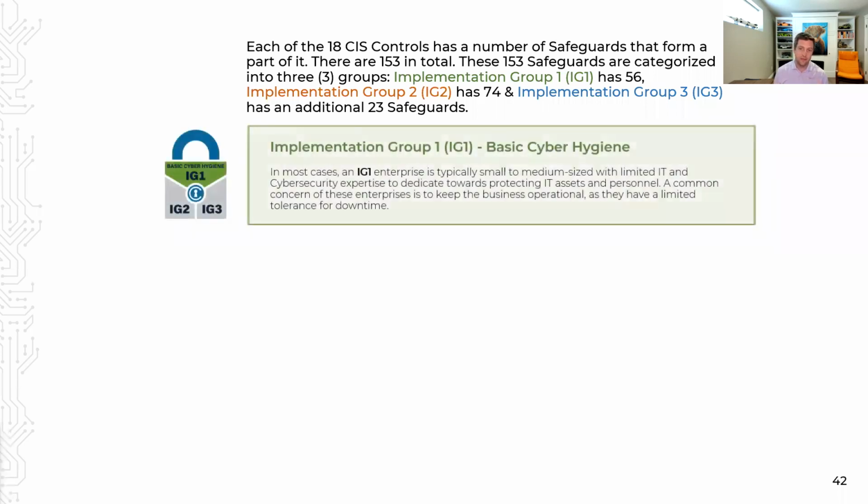The nice thing is that they've taken and broken them up into what they call implementation groups. And we'll see that implementation group 1 has 56 recommendations in it. So if you just want to take care of the low-hanging fruit, we'll call it, the basic cyber hygiene, you would want to go through and make sure you have as many of the 56 as possible.